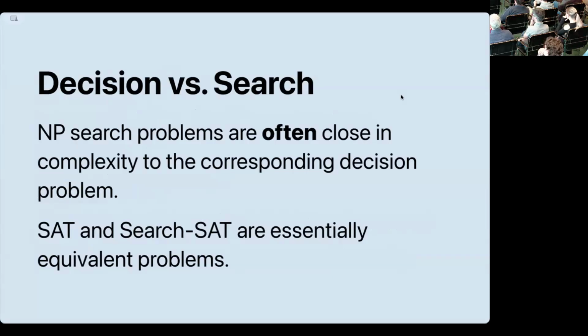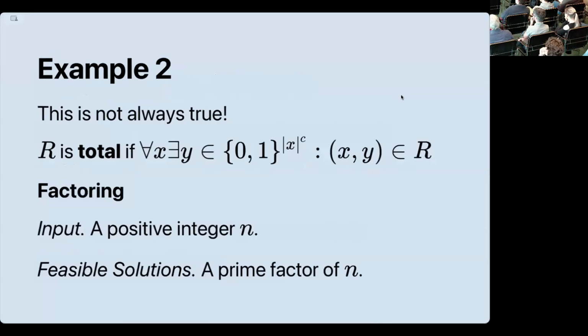In the particular example of SAT and search SAT, they have the exact same complexity, just because SAT is self-reducible, which is an exercise that we give to undergrads. So for a lot of these classical NP problems, we often sweep the search problem under the rug, at least when teaching, because decision and search are mostly the same. That makes sense? Okay.